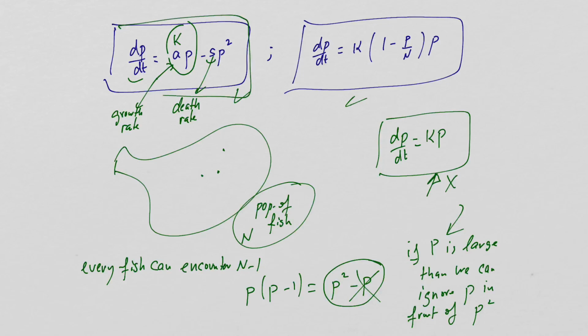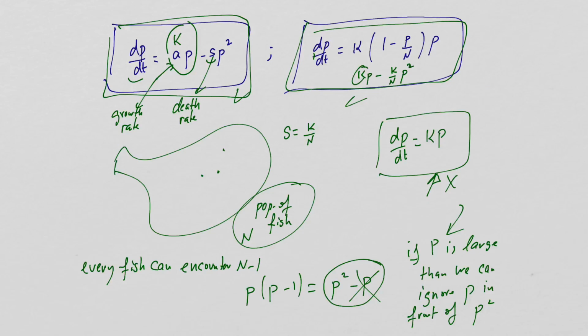So this model is exactly this model. Of course, you know what S is. S is K over N, isn't it? So if you multiply this together, you get KP minus K over N P squared.